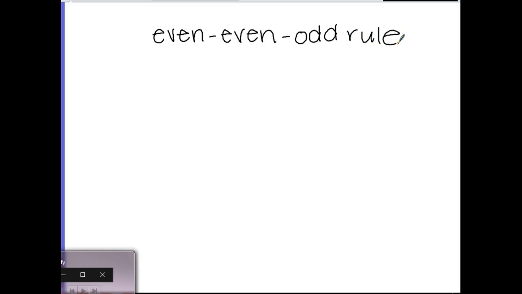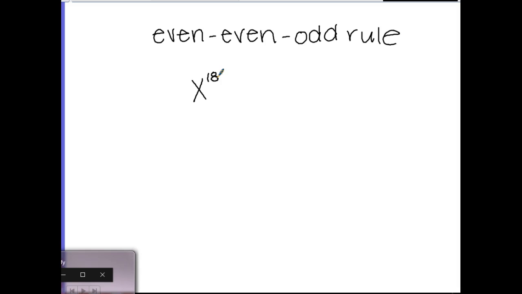It says, if I have a variable to an even power, so x squared, x to the 4th, x to the 6th, x to the 12th, x to the 18th, those are all even numbers, right? So let's say we have x to the 18th, and we write it under the square root. The square root is the 1/2.